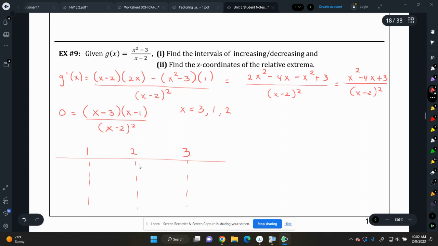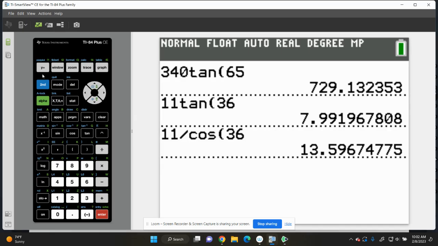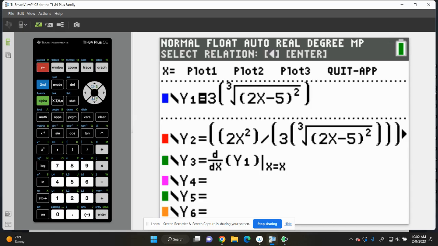Let me see what happens here. x squared minus 3 over x minus 2.